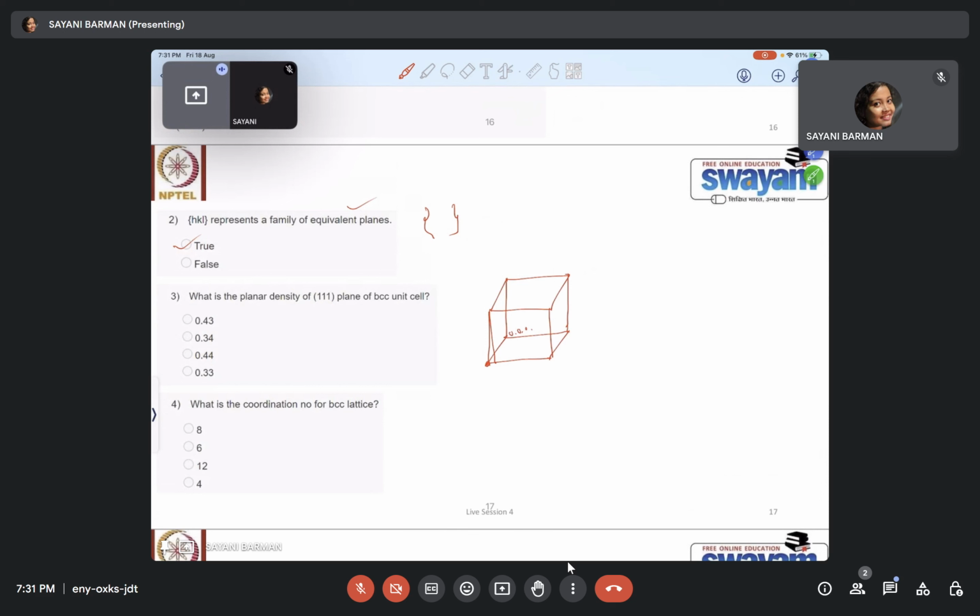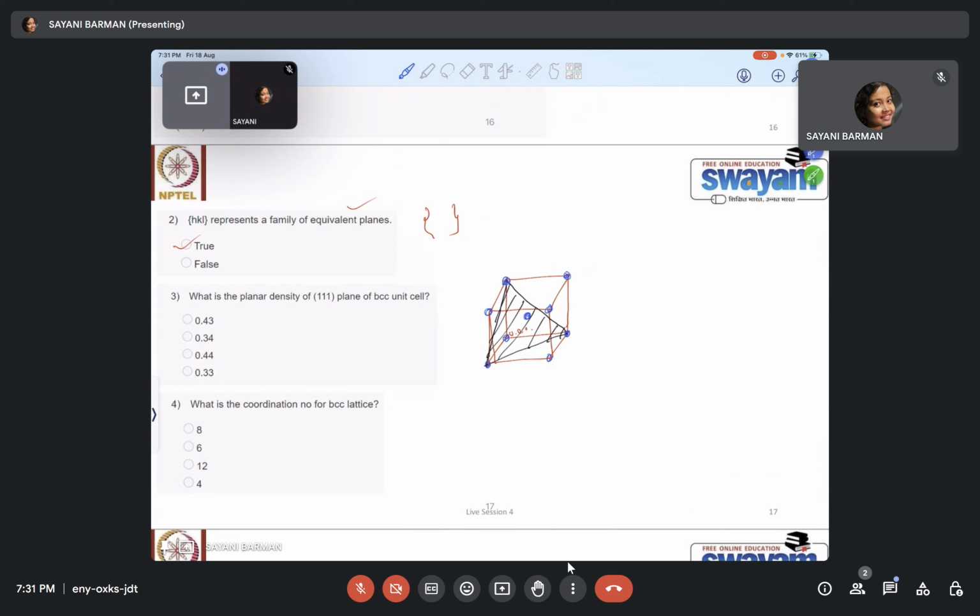Then 1 along this one, along this one. So this is the plane. And here are the corners, 8 corners, and a central atom, right?